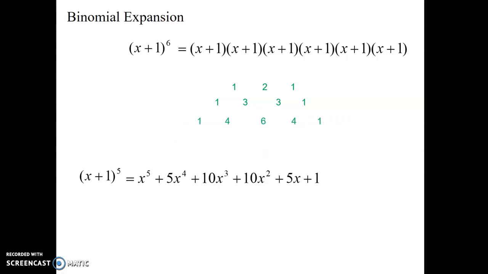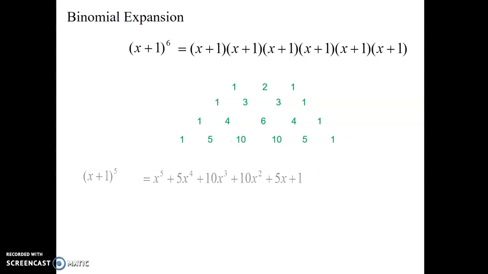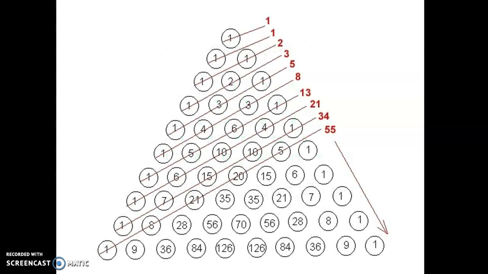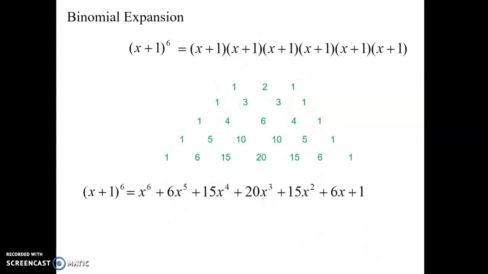So these coefficients actually come from Pascal's triangle. We're actually going to use this also for some combination stuff, which you guys learned about on Tuesday. I'll expand more on that in another video.